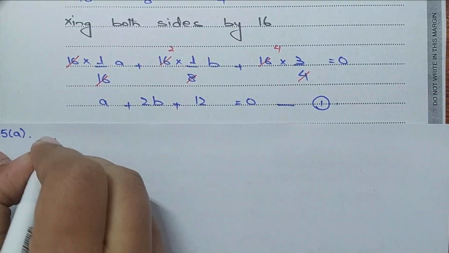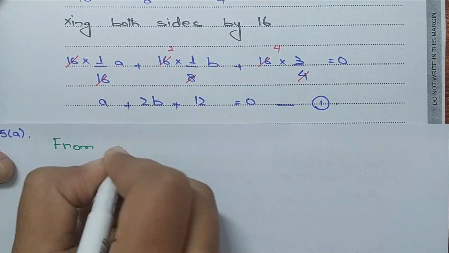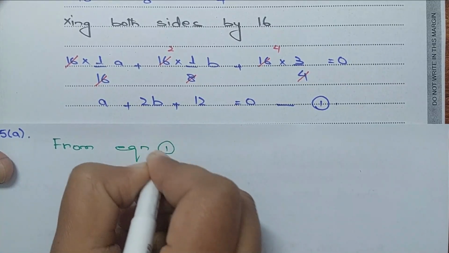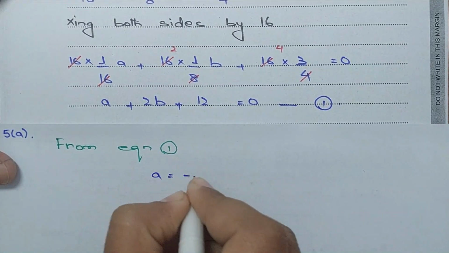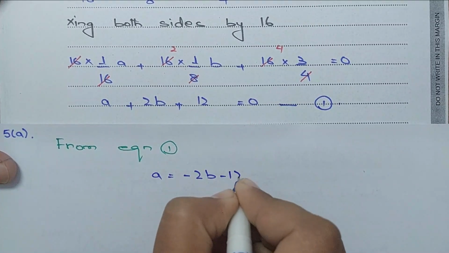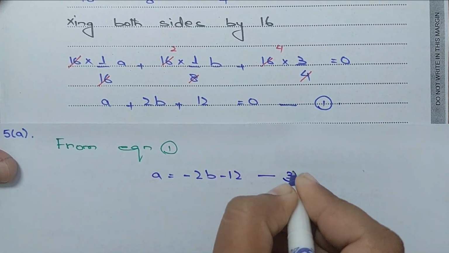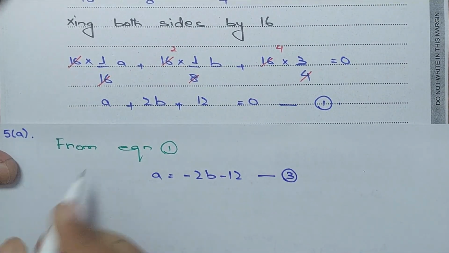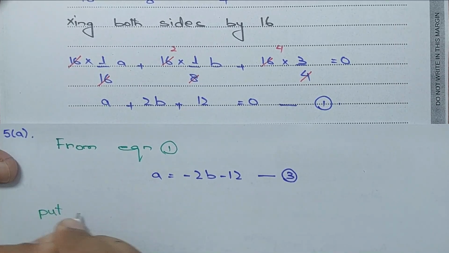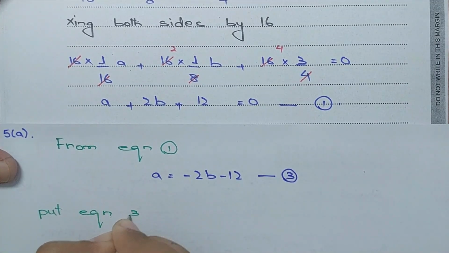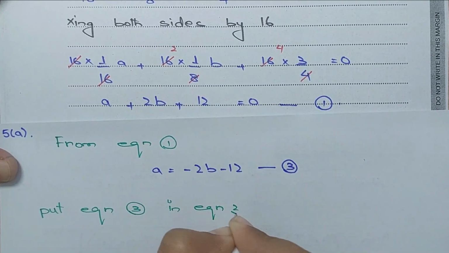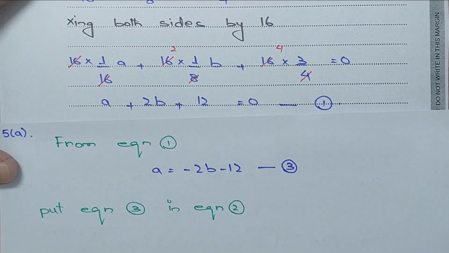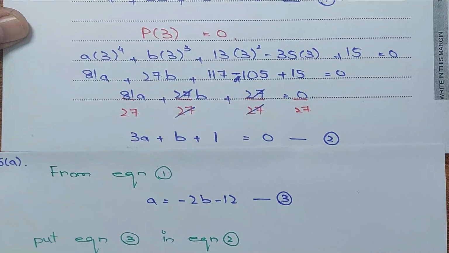Now here we can say from equation 1, let me solve for A, right? A is equal to minus 2b minus 12. We can name this as equation 3, right? Now we can put equation 3 in equation 2 to get the value for B. So this is your equation 2.